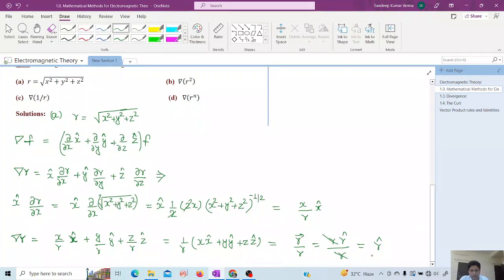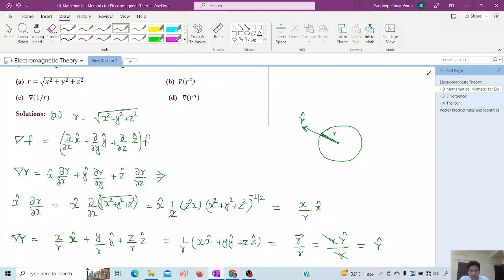So what can we get from this? If we choose any sphere of radius r and take the gradient, it tells about the direction of r, and that will be the direction of maximum increment of this field r. So this is the direction of r̂.